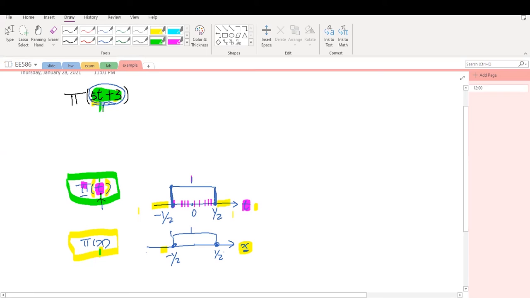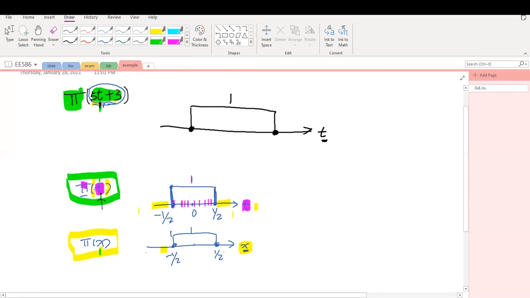As soon as we know this function is pi, we know it is rectangular, and I know the magnitude is 1. But we need to know the value of t. What is the value of t that is going to make the function value change from 0 to 1?